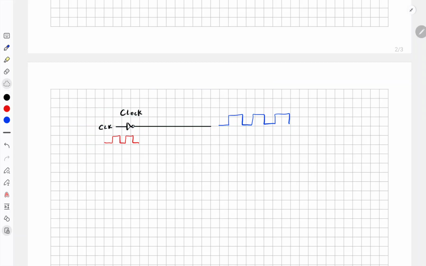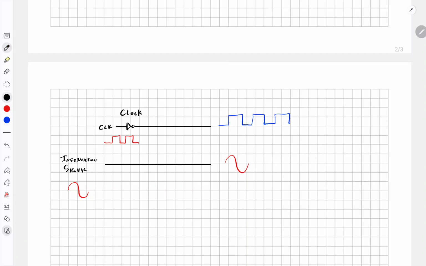Now, let's say that nearby you had an information signal. It could be carrying data, it doesn't matter. And you decided to run this information signal to your output, and you would expect the output to be some sine wave.